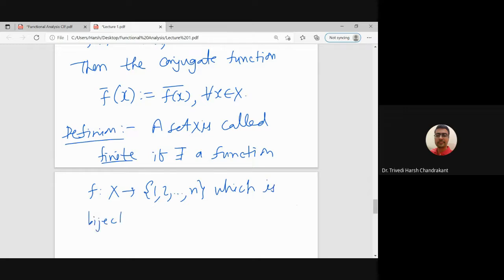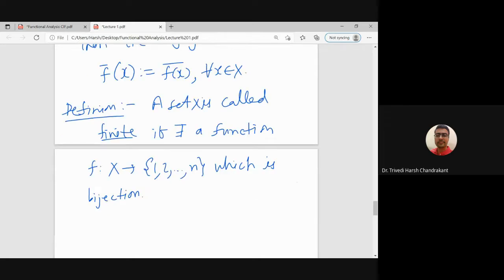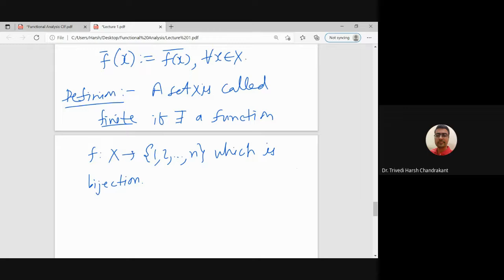Bijective means it is one-to-one and onto function, right? So this is regarding finite sets.